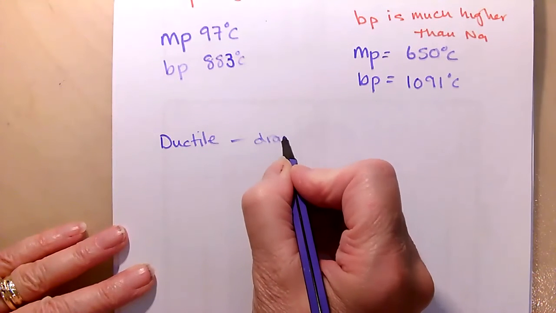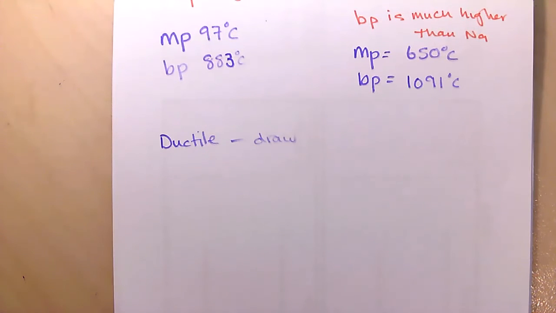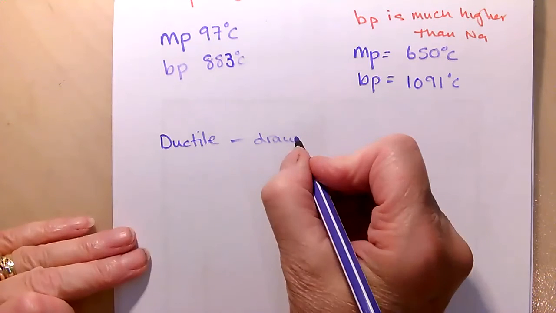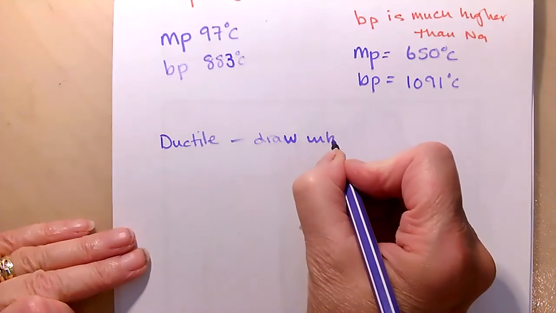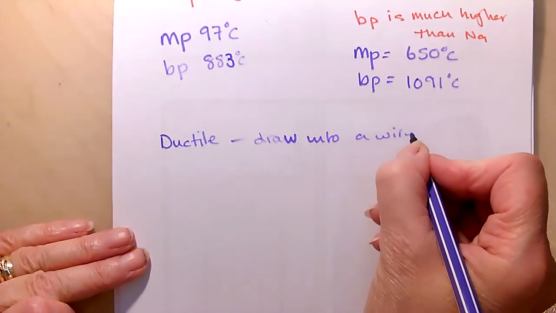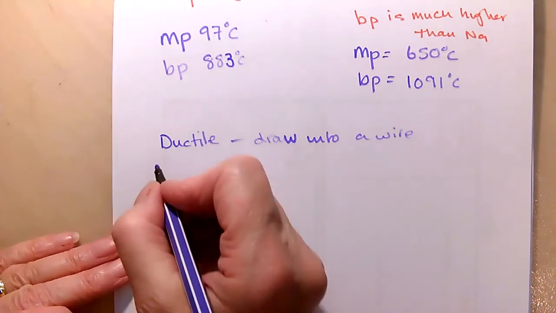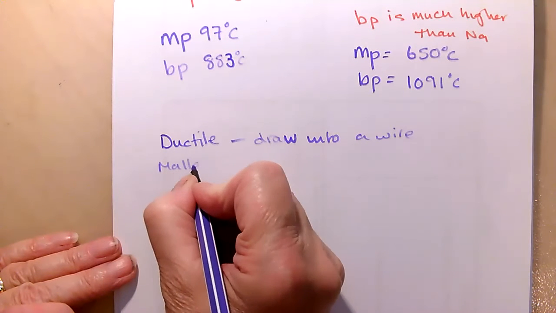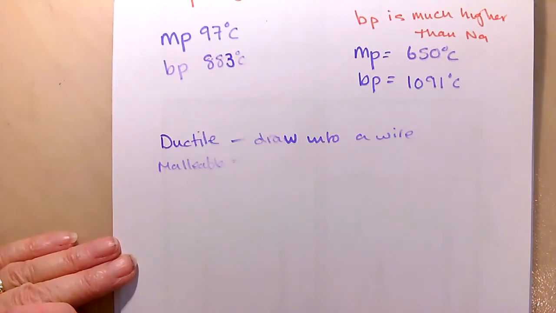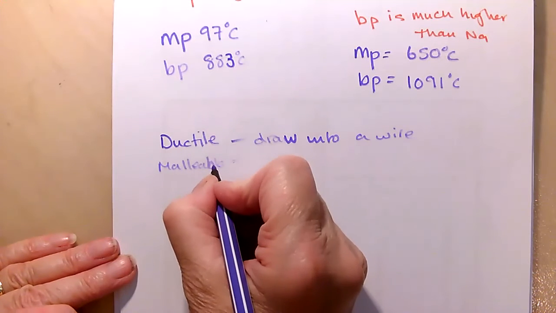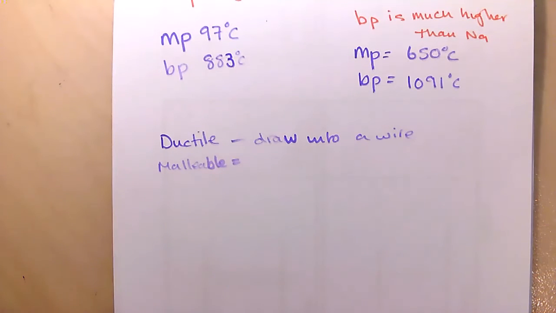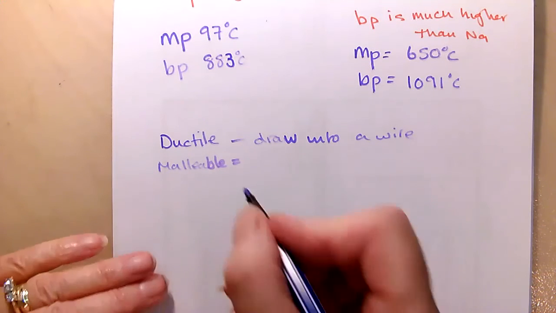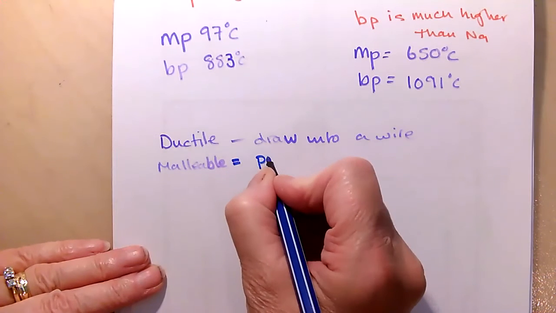So we can make something like copper wire with it. And then they're malleable, which means they can be pressed into shape.